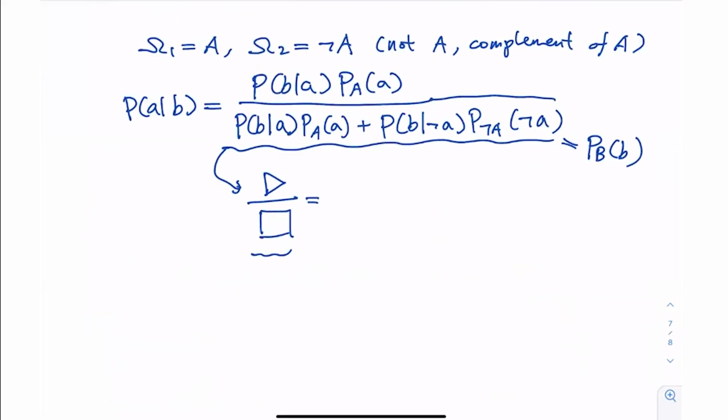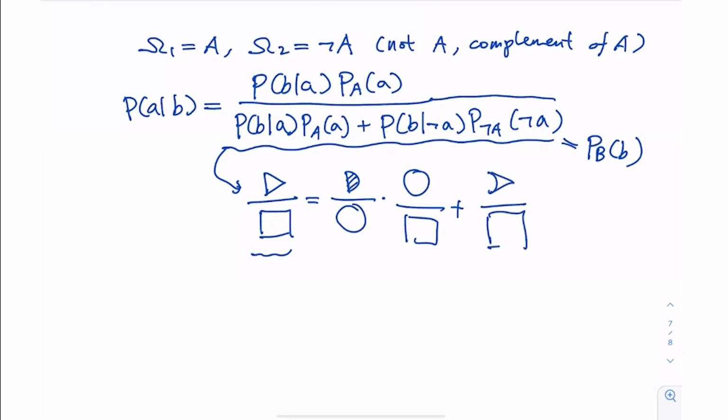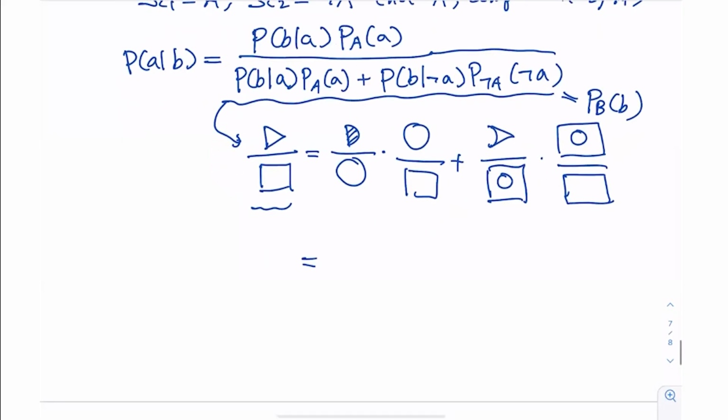You can think of it as the intersection of B and A divided by omega, plus the complement of A intersected with B divided by omega. And then eventually you'll find that what you're doing is actually this.